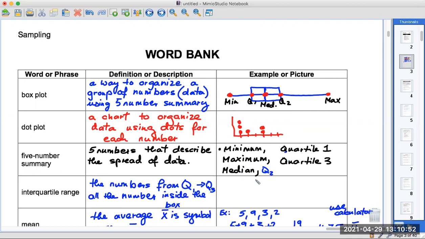The median is quartile 2. That's another word. So that would be right here: quartile 1, 2, quartile 3. This should be a 3. So I made a mistake here. Just notice that. Can you all fix it, please? This is 1. The median would be the second, and this is the third.